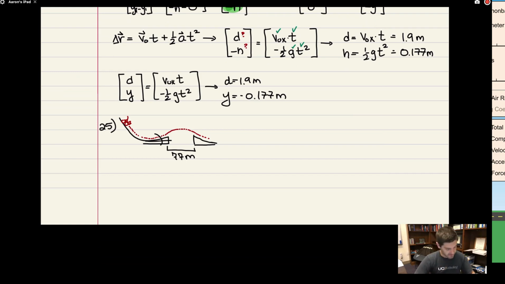So first things first, let's lay down a coordinate system. I might define a coordinate system like this, x and y, where I'm going to have the origin correspond to the point where he just leaves the first ramp. So then he goes up and comes back down.